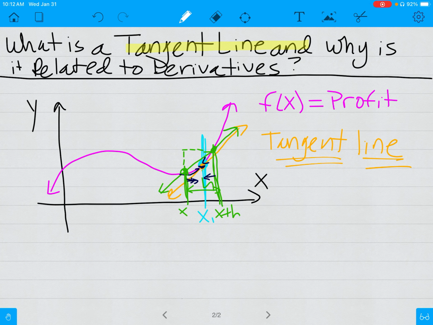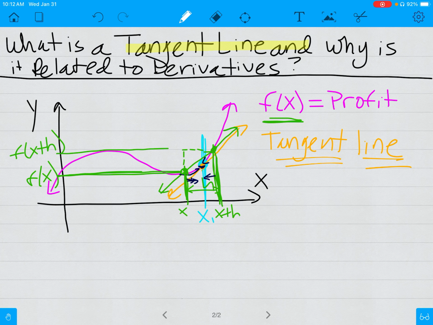Okay, well, what is my rise and my run? Well, your rise is your change in y values. So what is my y value at this first point? Because the point there is x, my y value is f of x, whatever it happens to be. Similarly, at this point x plus h, if I plug that into my function, I would get f of x plus h.